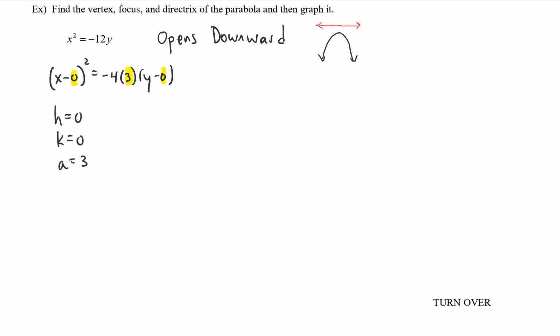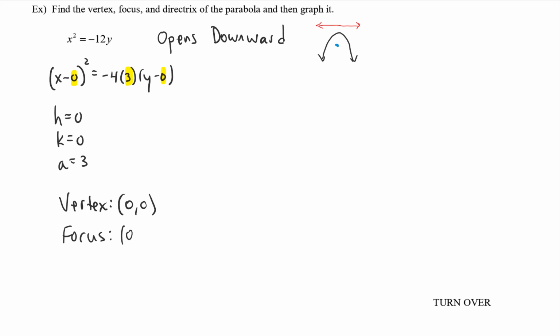A can never be negative. A is a distance. So keep the negative with the 4. So the vertex is 0, 0. The focus, well, remember the parabola likes to hug the focus, so it's going to be downward from the vertex.